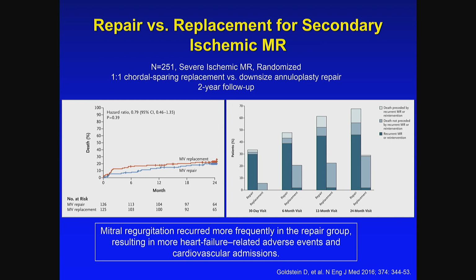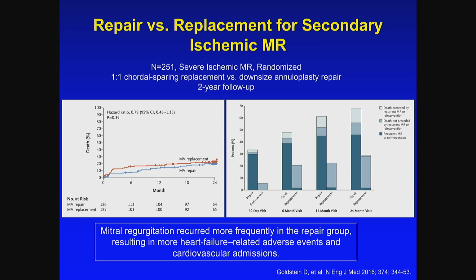Now, until recently, there's been a lot of controversy about whether to repair or replace the mitral valve in secondary ischemic mitral regurgitation. The Cardiothoracic Surgical Trials Network did a trial of 251 patients with severe ischemic mitral regurgitation and randomized them in a one-to-one fashion to either chordal-sparing replacement or a downsized annuloplasty repair to tighten up the annulus and reduce the size of the mitral orifice.